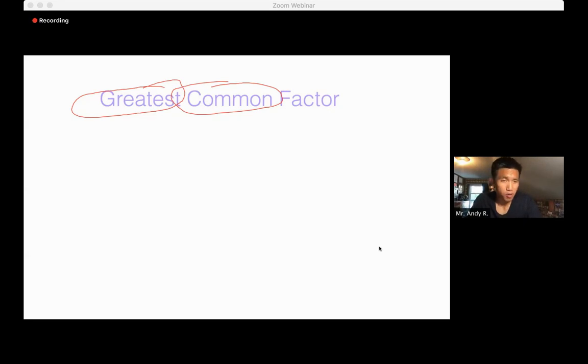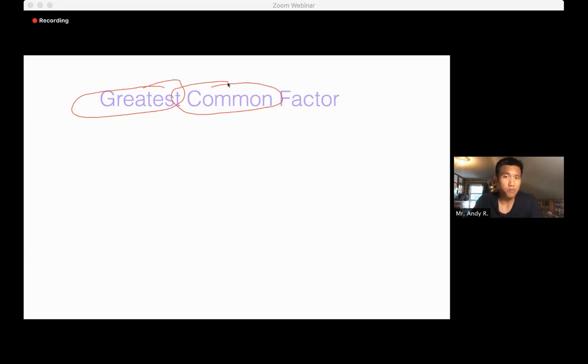Like, for example, all of you have something in common. You are all students and you are all studying math together in this class. So everyone here has something in common. We are all learning math.